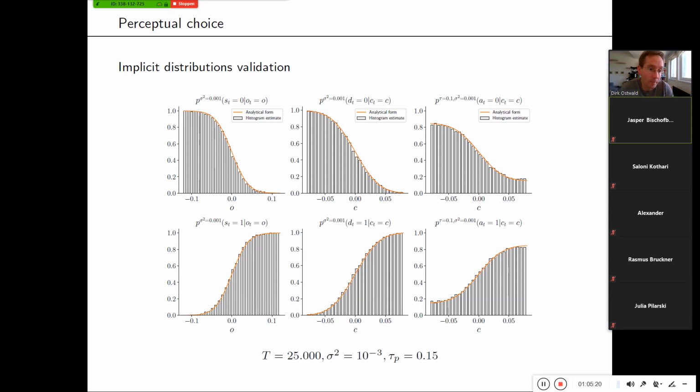So we need the probability of an action given a contrast value, which is our experimental design variable. And to get to that, what we actually need first is the distribution of agent decisions given contrast values.